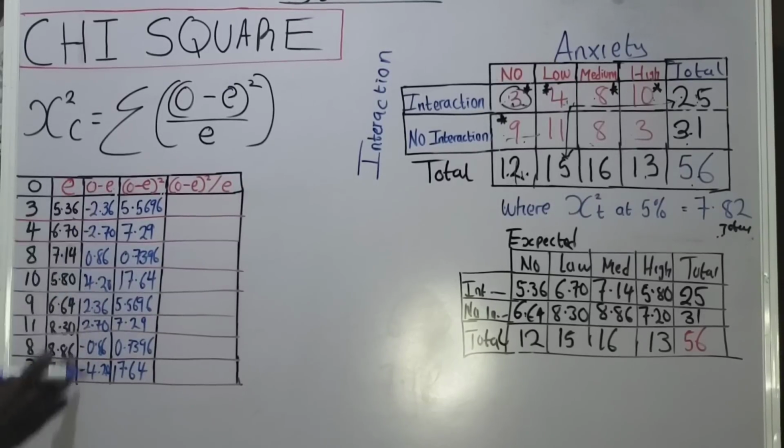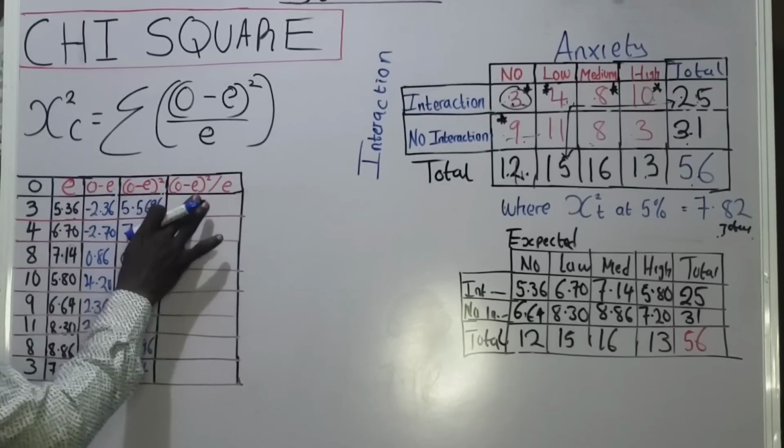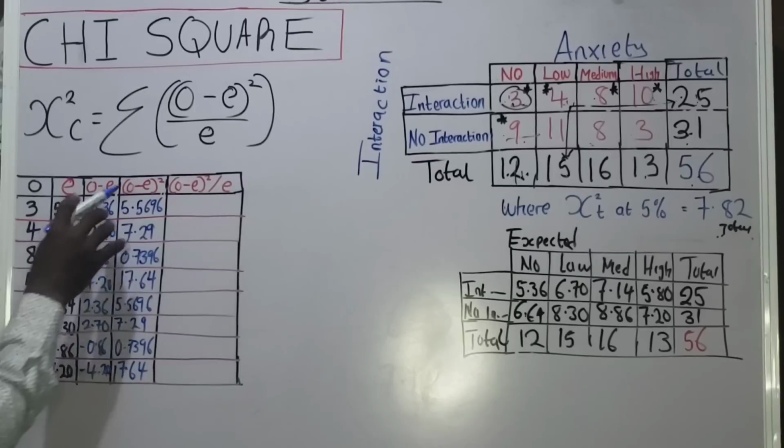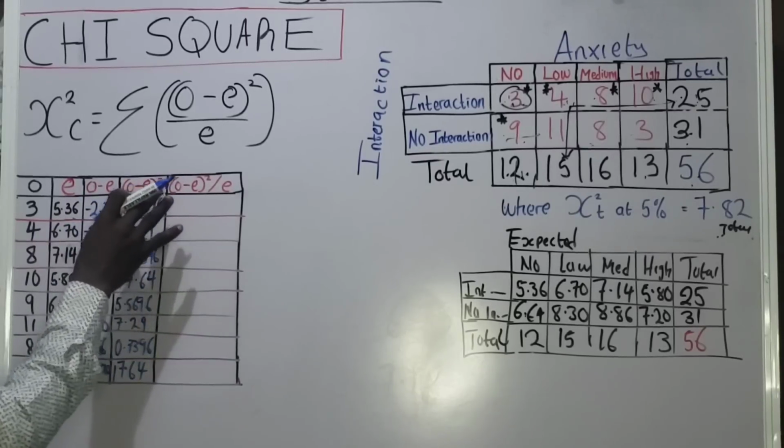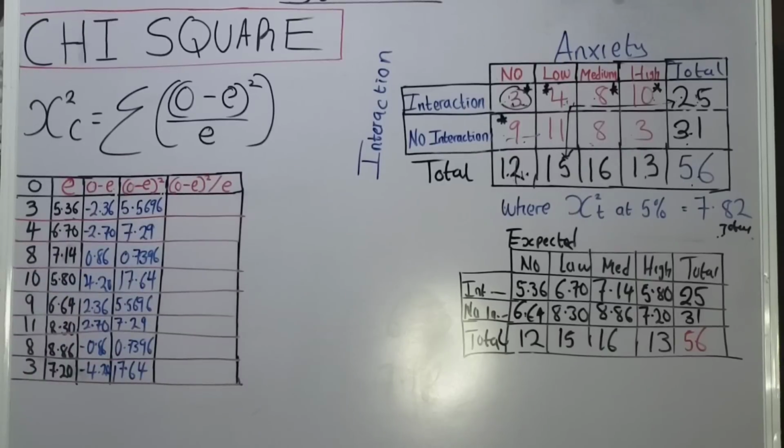So I squared all these to get these values. The next step will be the square of the difference divided by the expected. All this is very important; those are the basic concepts you have to understand in statistics.